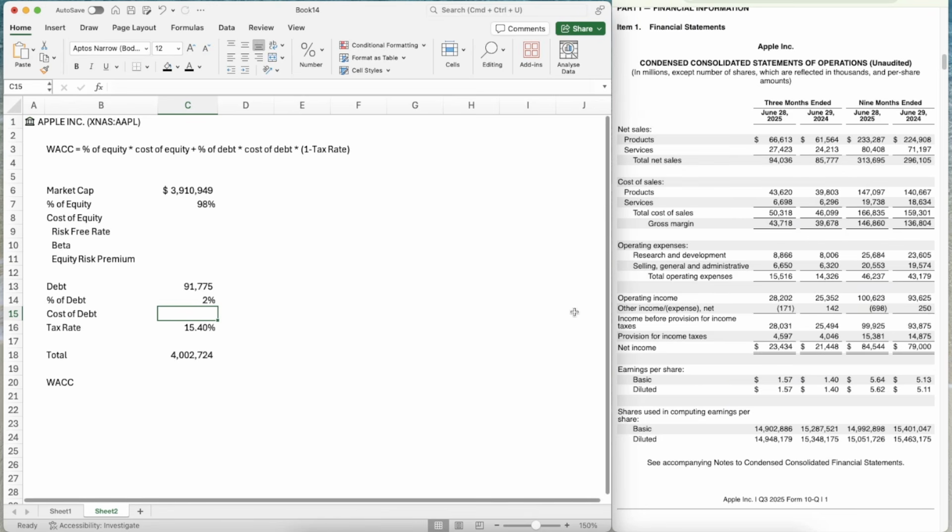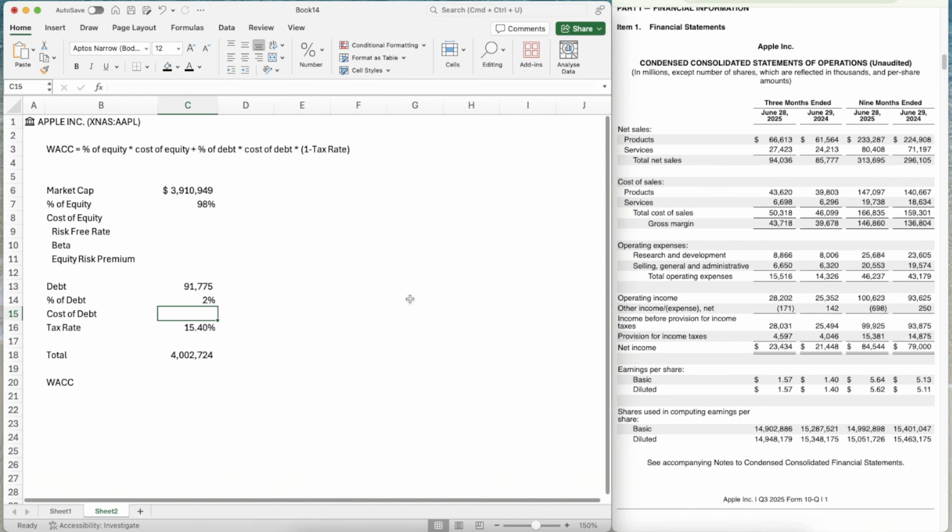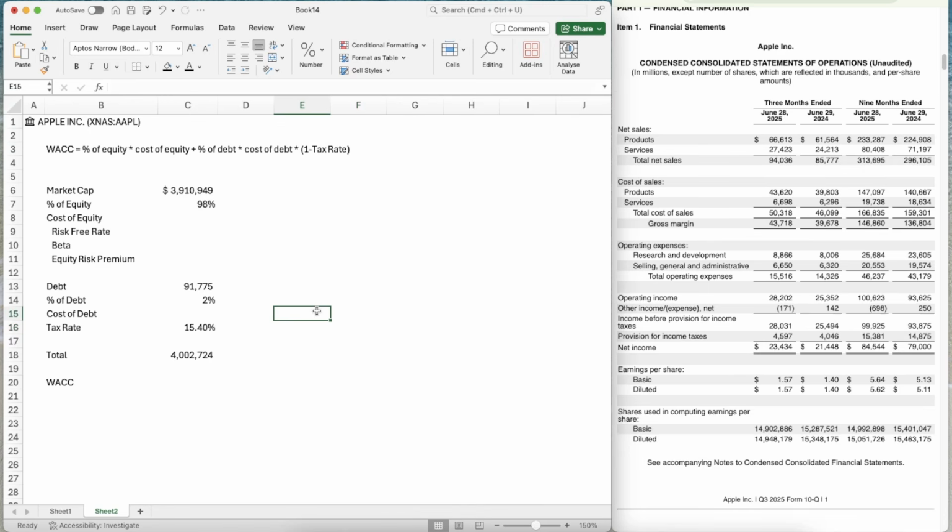I think 698 divided by 3 multiplied by 4, and we should get our annual interest expense. So 930.666687 divided by your debt, like a 1% interest rate. I mean, does it still have its AAA rating, Apple?